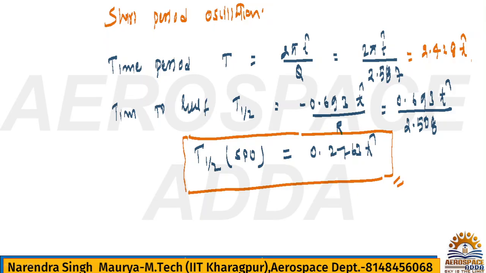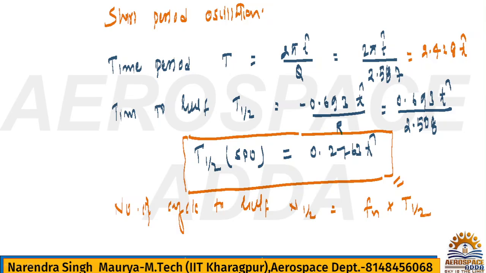This is the time to half, and another thing we have to calculate is the number of cycles to half. The number of cycles to half is denoted by n1 by 2. And if you remember the formula, it was fn, the natural frequency, into time to half.